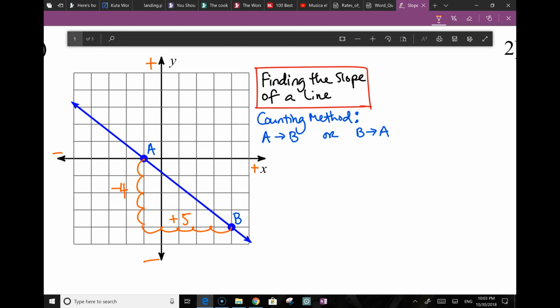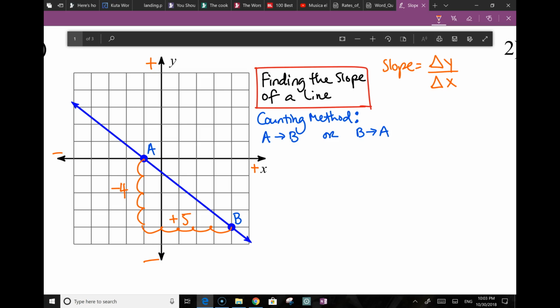To write the slope, I have to represent slope as a change in my vertical position, the y's, versus a change in my position on the x-axis, so right and left movement.